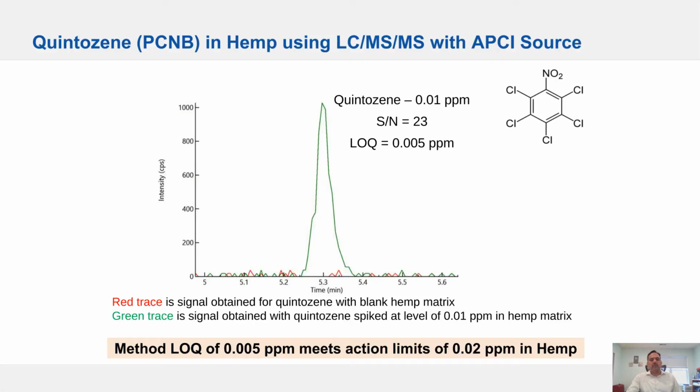So among different non-polar pesticides analyzed using both ESI and APCI ion source in our method, quintozene is the only compound which can only be ionized with APCI ion source. For other compounds, we can ionize all the non-polar compounds using both ESI and APCI ion source.